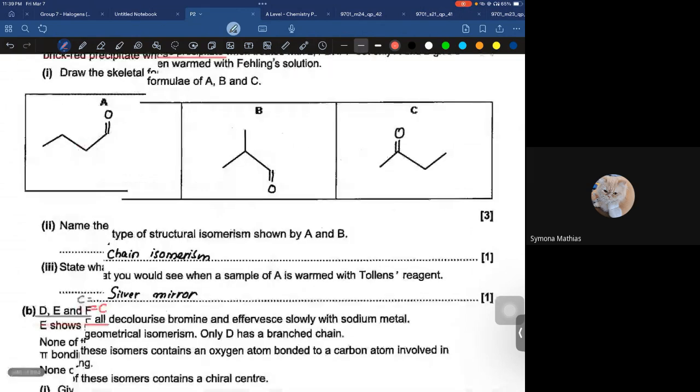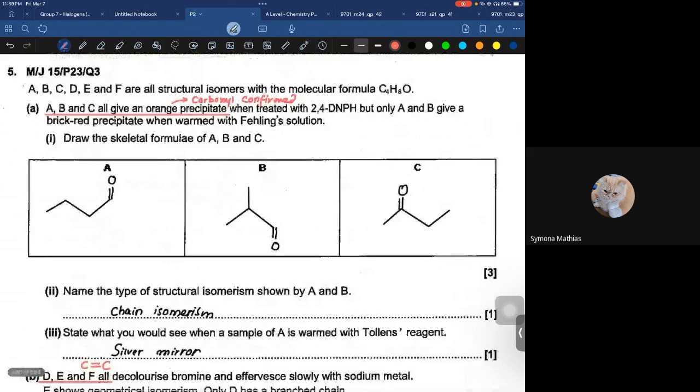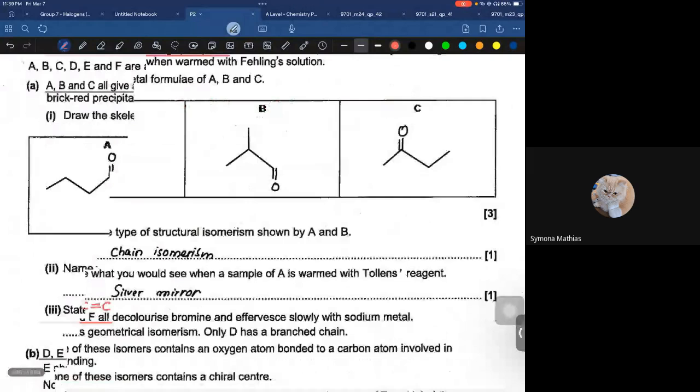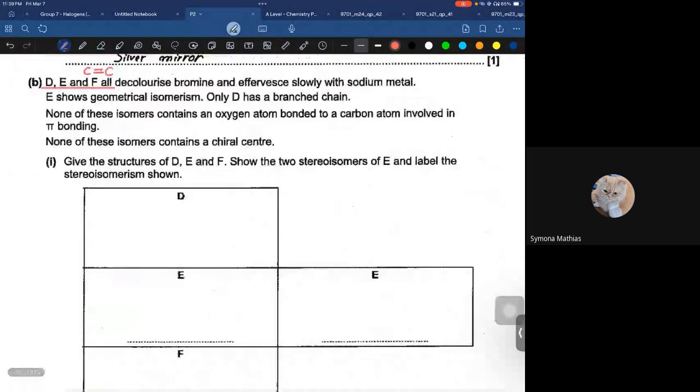Since the molecular formula has only one oxygen atom, it shows that there is no carboxylic acid. So, they are saying effervescence slowly with sodium metal, which shows that it has an alcohol, because alcohol contains only one oxygen.